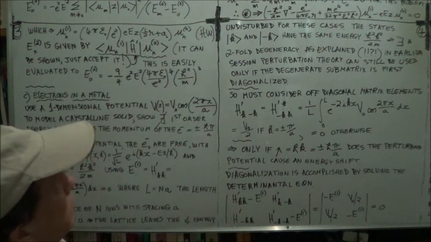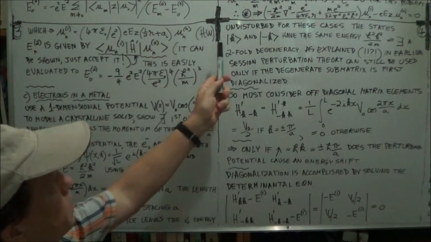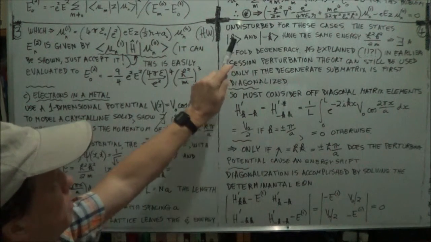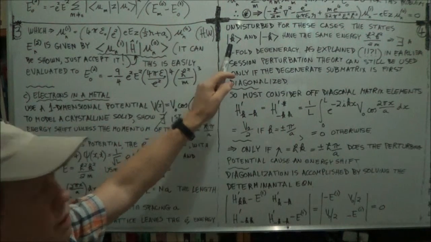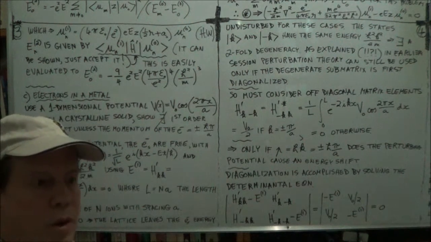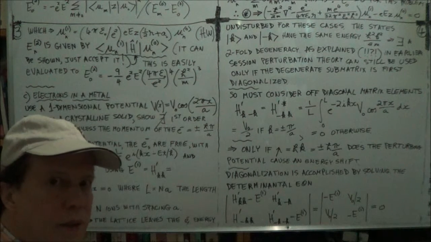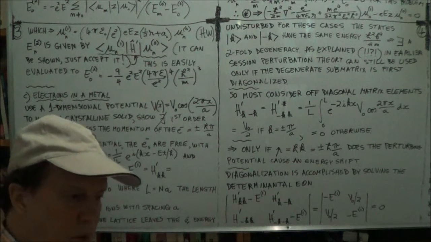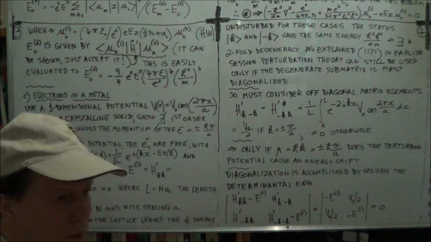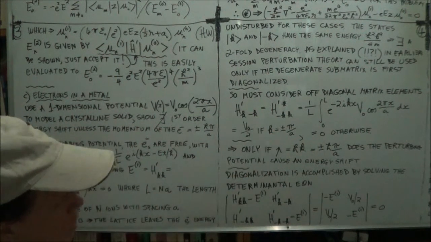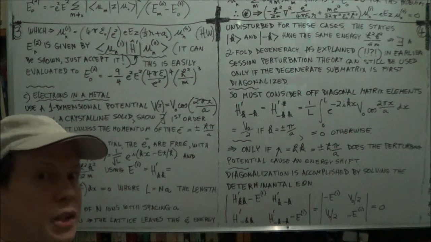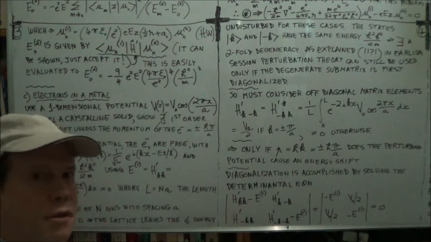Okay, now if the electron's heading in one direction with a particular k, the de Broglie 2 pi over lambda, the wave number so called. Now you could have the electron going that way, but you could also have it going this way with the same energy, the same absolute value of k. Right?